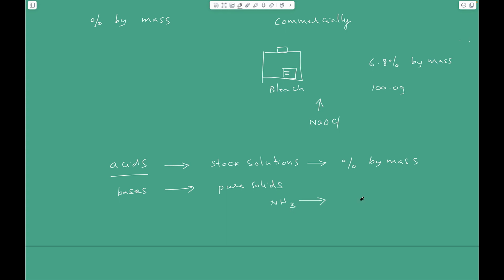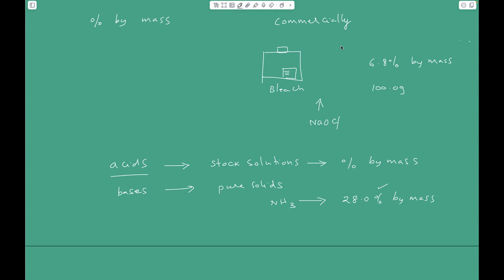Ammonia is one base that is sold as a 28% aqueous solution by mass. This is because ammonia is a gas at lab temperature, and ammonia gas has a strong odor and it is toxic. So it will be easier to handle it as an aqueous solution. So understand that percentage by mass is widely used to express the concentrations of commercially sold solutions.